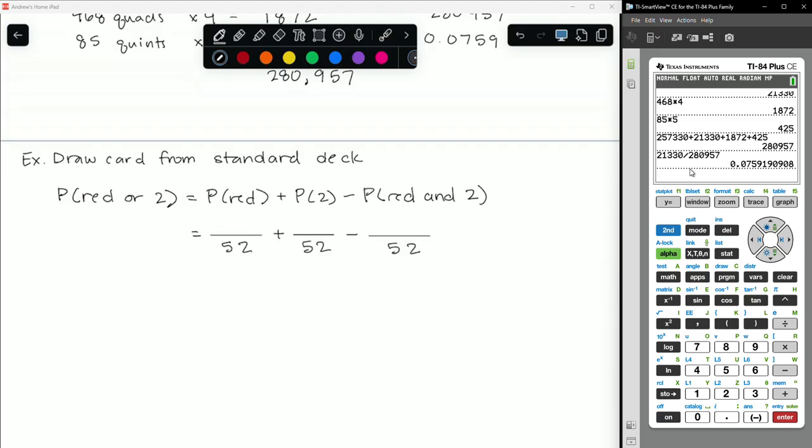Now thinking of the deck of cards, if there's 52 cards, I know half the deck is red, so that's going to be 26 red cards. For 2s, I know there are 4 of each type of card. 4 2s, 4 3s, 4 aces, 4 kings. So there should be 4 2s.